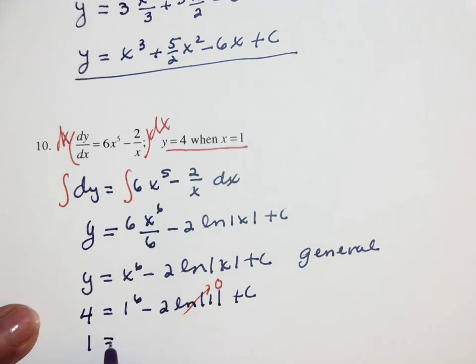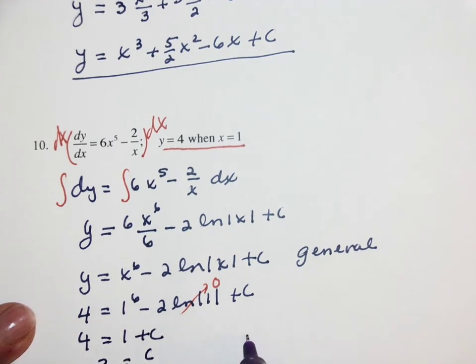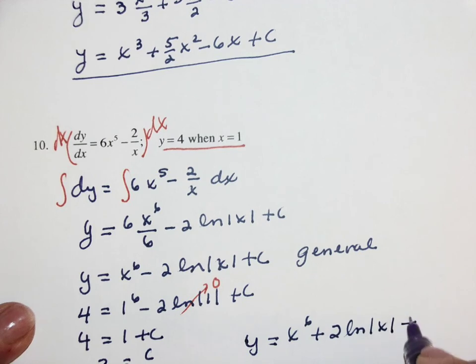So 4 equals 1 plus c, or c equals 3. So my answer would be y equals x to the sixth minus 2 natural log of the absolute value of x plus 3.